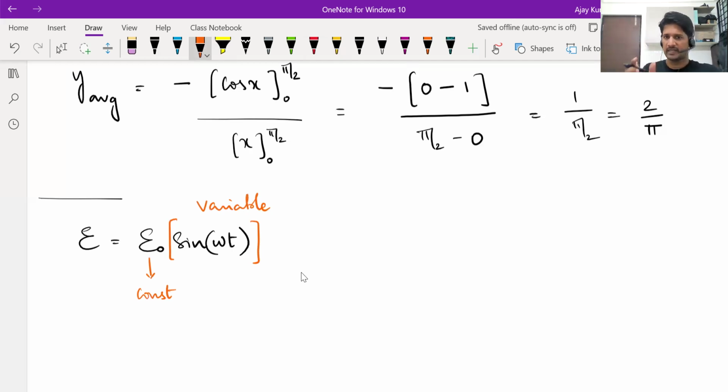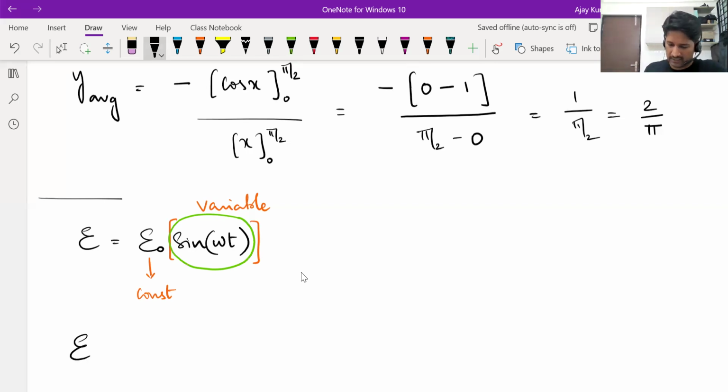If the average of that bracket is 2 by pi, and you are multiplying that bracket with E naught, it means every term of this variable function is being multiplied with E naught. If every term is multiplied with a constant, then the average also gets multiplied by the same constant. Okay, these are all mathematical ideas.